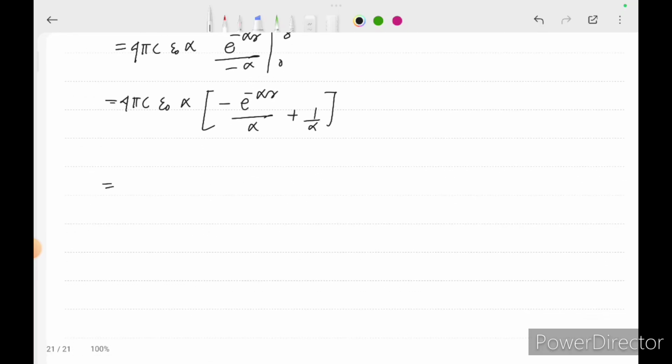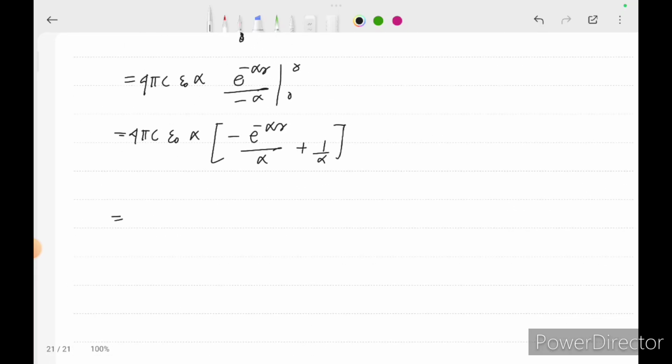So alpha cancels, and we get 4 pi C epsilon naught (1 minus e to the power minus alpha r).